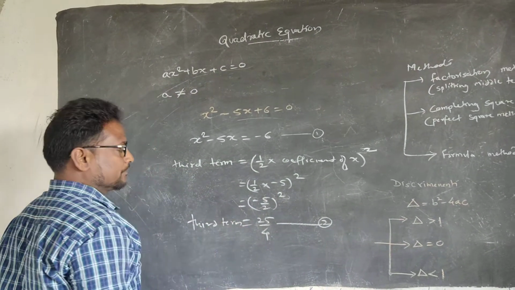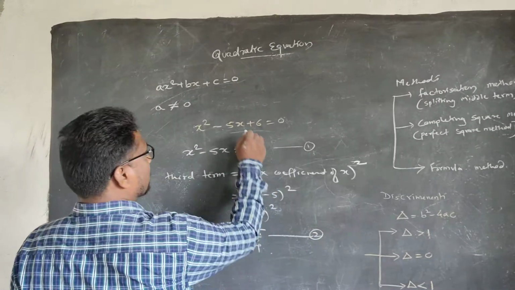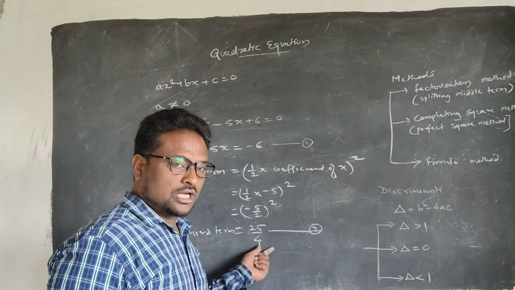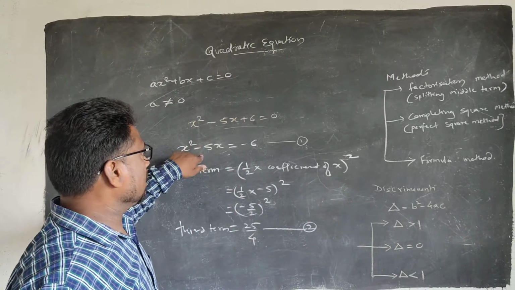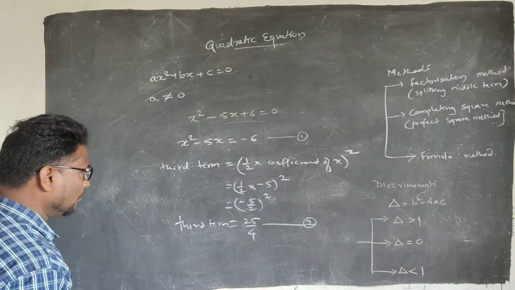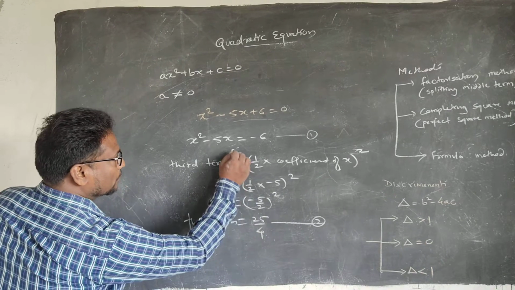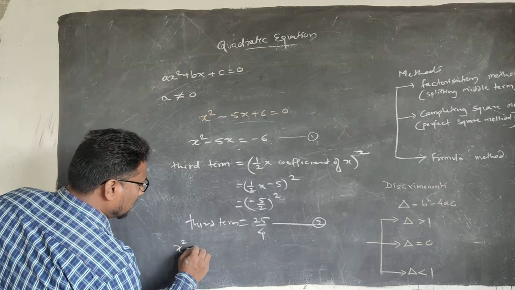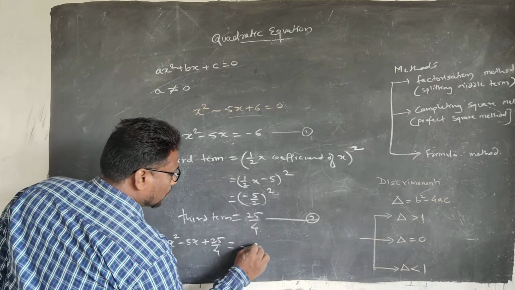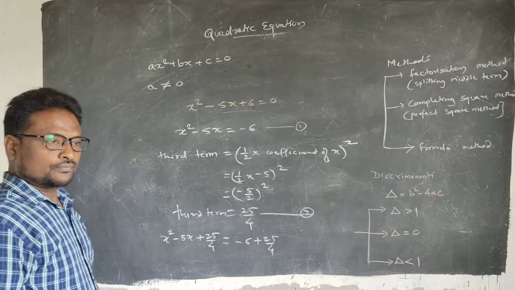Now the time comes to add this equation number 2 to your equation number 1 on both sides. You have to add this third term in equation number 1 on both sides to get your answer. This gives you x square minus 5x plus 25 upon 4 is equal to minus 6 plus 25 upon 4.